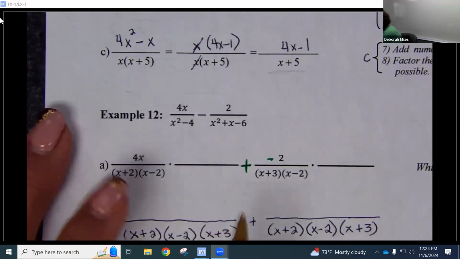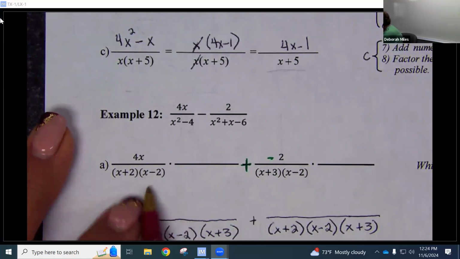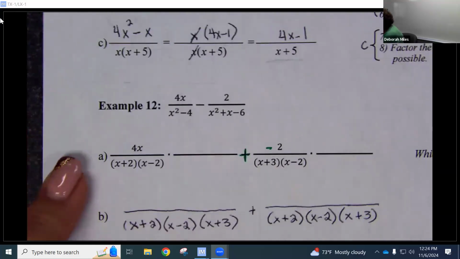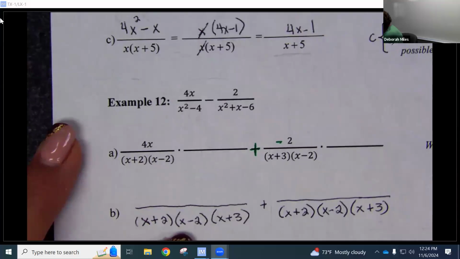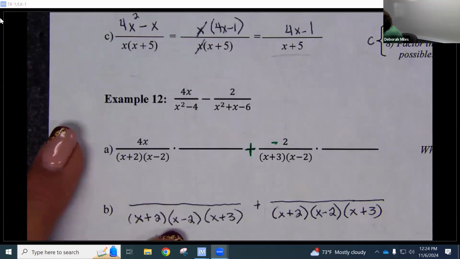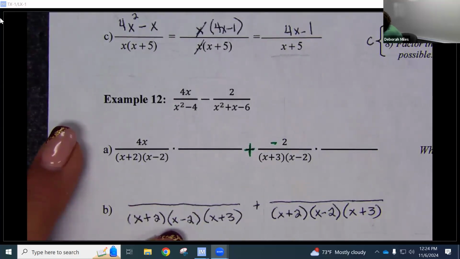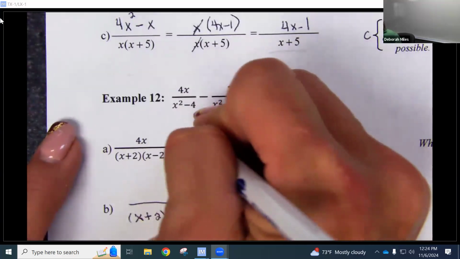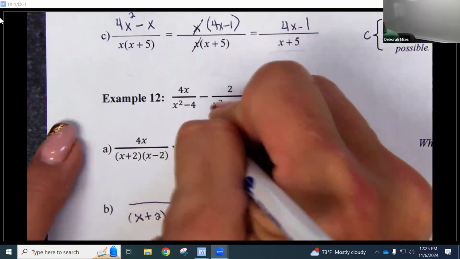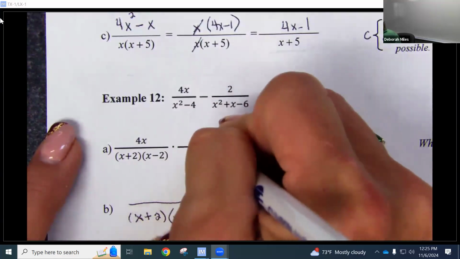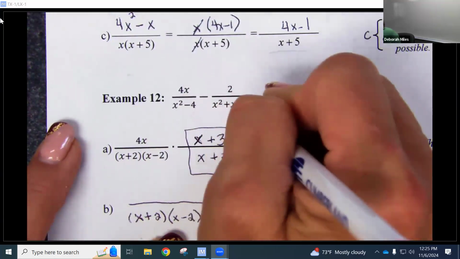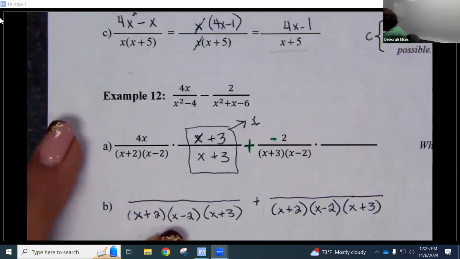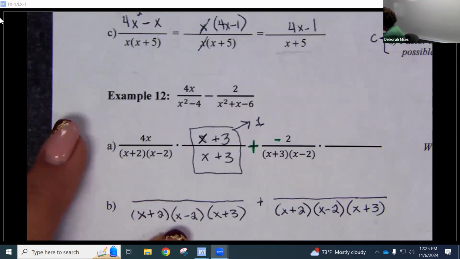Miss Laney, can you look at this denominator in factored form and this LCD that I want to achieve and tell me what to multiply that first fraction by? That's what it's missing. And I like that you said not just x plus 3, but x plus 3 over x plus 3, because I'm trying to make the point that the only thing that's legal to multiply that fraction by is 1.